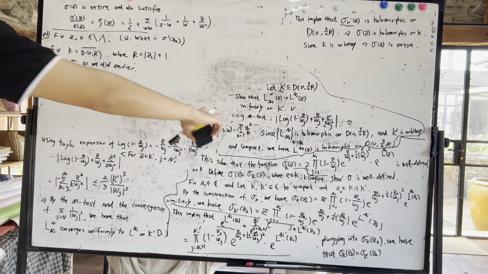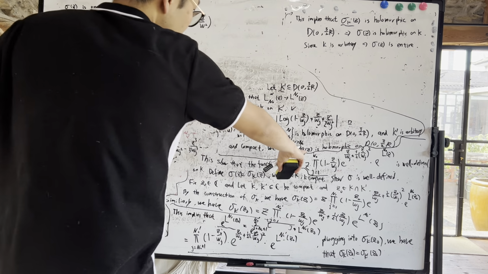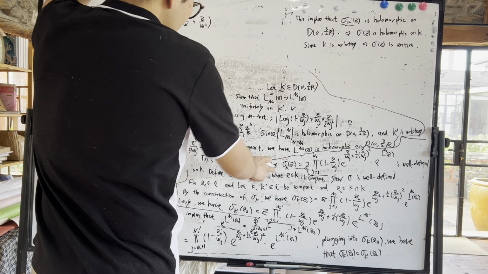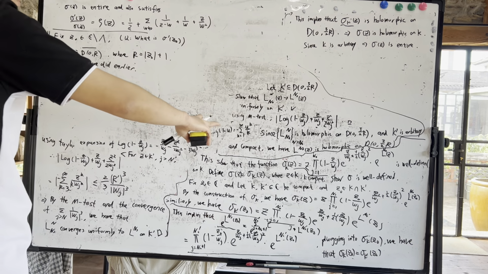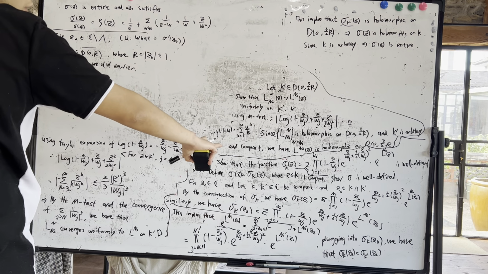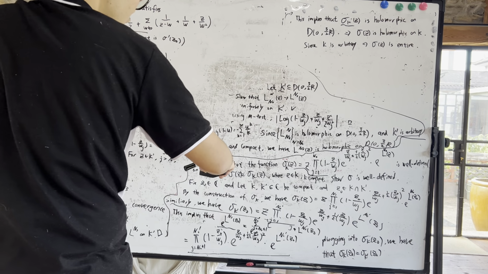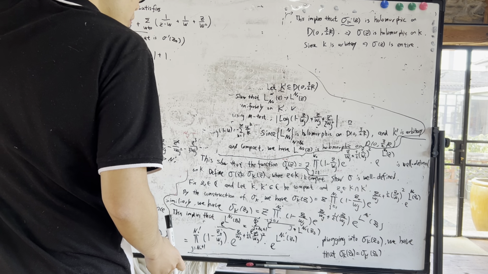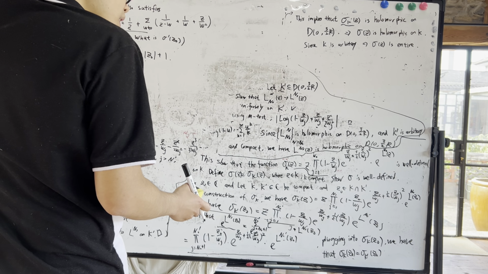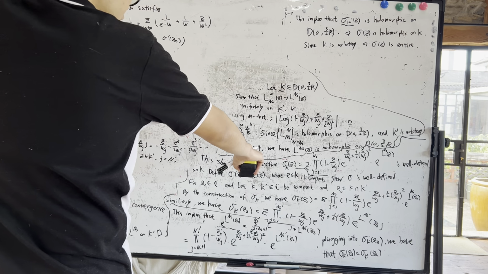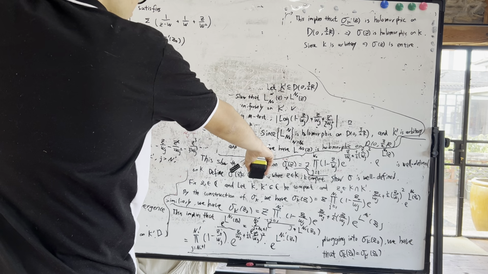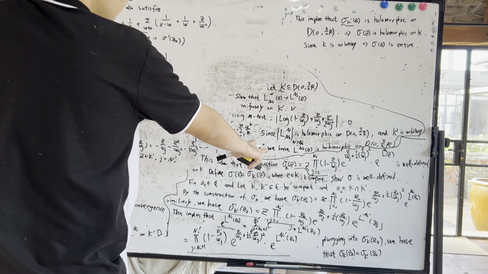Namely, for this compact set we know that there exists such a function, as in the process we did earlier. Because K is arbitrary, we can define this sigma K z using the mechanism that we did before.